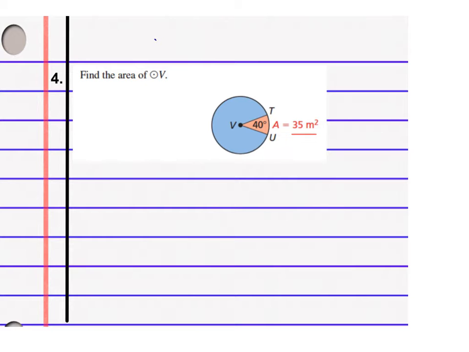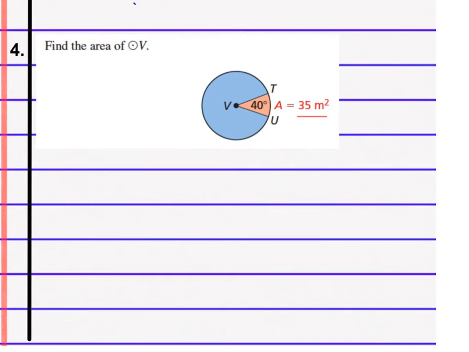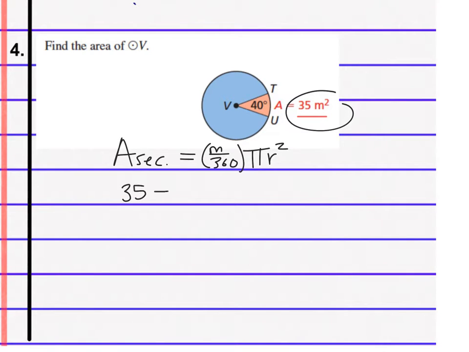So again, we're going to use our same formula, our m over 360 pi r squared, but we're sort of working backwards. So they are giving us the area of the sector. That goes in for the area of a sector. 35 goes right there. The m, we also do know the m is 40, the central angle, 40 over 360. Pi r squared. I do not know my radius.